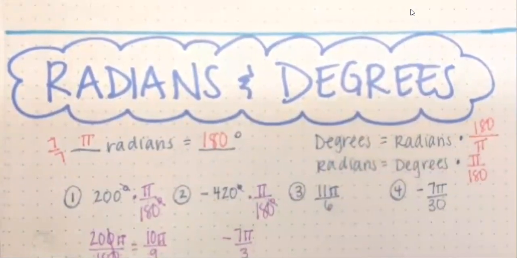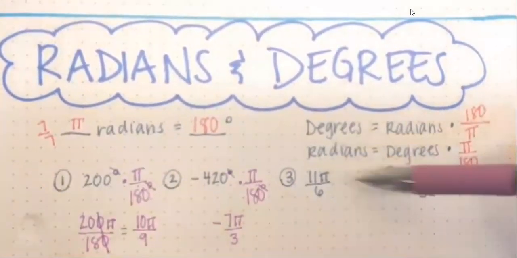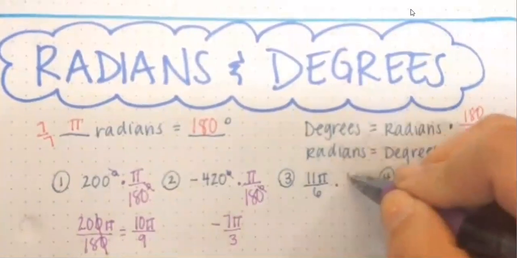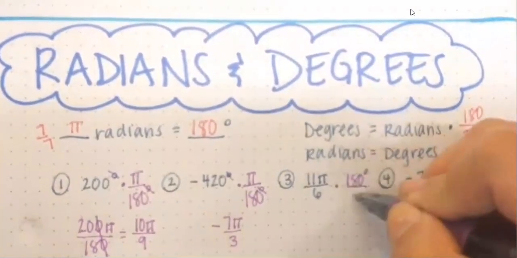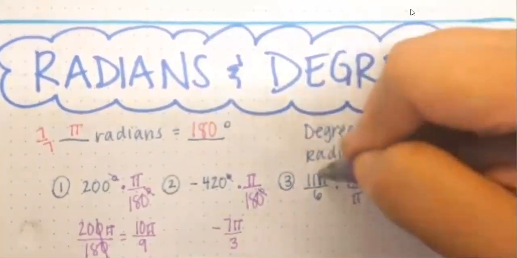Now for the next one, I got radians. Anytime I don't have the degree symbol or I'm working with pi, and usually when we're working with radians there is a pi, that tells you these are in radian form. So that means I want degrees. Instead of putting the degrees on the bottom, I put it up top because that's what I want, and I want my pi's to cancel, so I put the pi on the bottom.